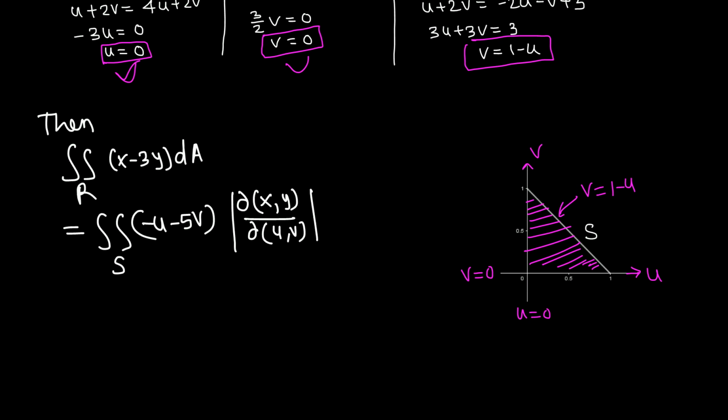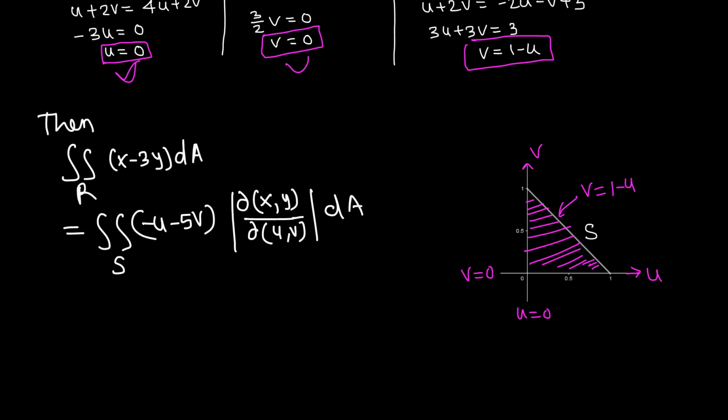So we are converting xy into uv times the new area element of this region. We can write du dv or dv du, we don't know yet, so let me still write dA for the area of this new region.